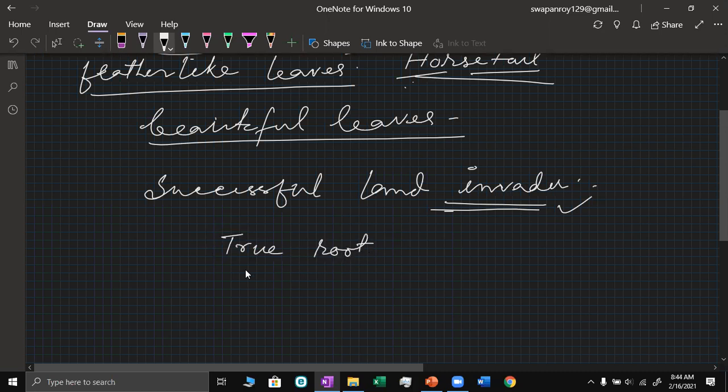True root is there for fixation to the soil nicely and for absorption of water and minerals. That is anchorage and absorption.